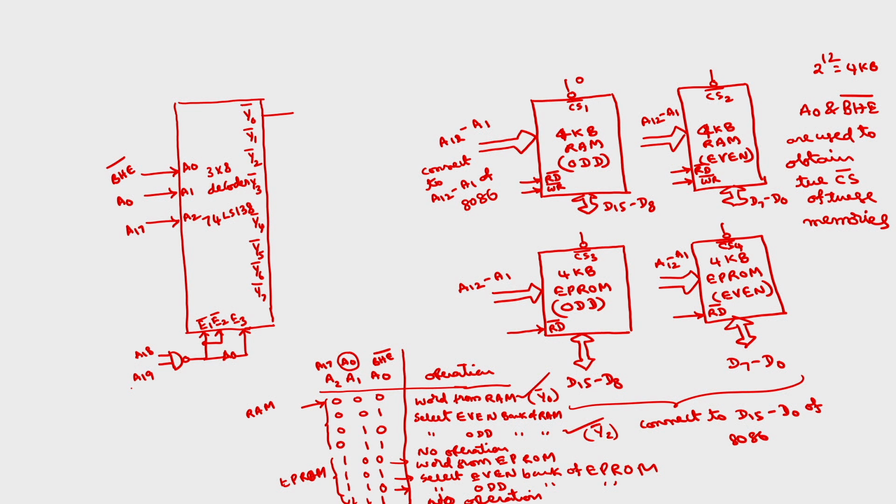So what will be the logic? You simply connect Y0 bar and Y2 bar through a NAND gate to the chip select of this. So if either this is 0, what will be the output? Output will be, sorry, this is not NAND gate, this should be AND gate.